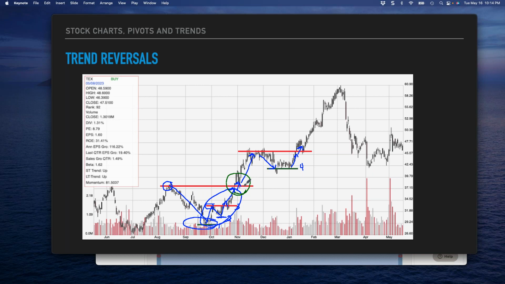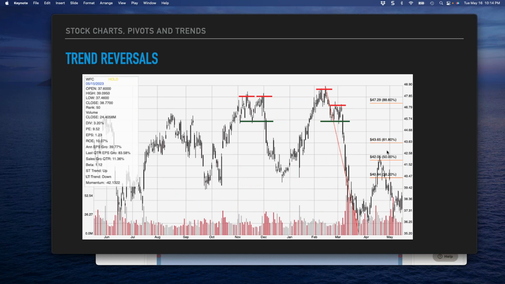This is a good way to recognize and identify when a stock is actually building enough bullish momentum to be able to sustain its rally over a longer period of time. So look for a break like this above a previous level of resistance as a strong sign that a trend is about to reverse in a bullish fashion.